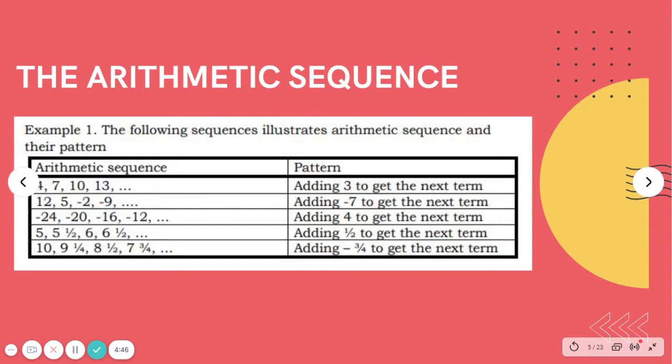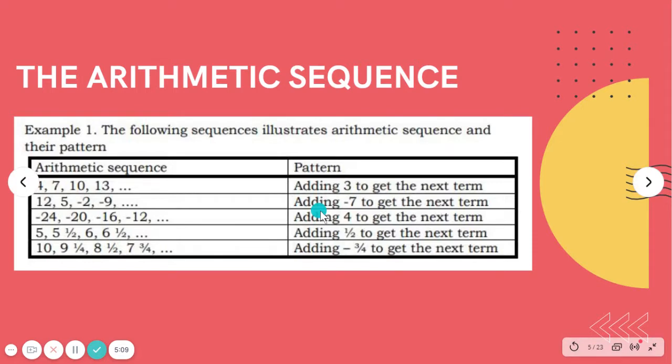So as you notice, class, yung ating sequence dito ay nagdi-decrease ang kanyang value. Meaning to say, yung first term ay mas mataas dun sa second term. Ibig sabihin niyan, yung trend ng ating sequence ay pababa. So kapag ganyan ang ating sequence, ibig sabihin, yung ating common difference ay negative.